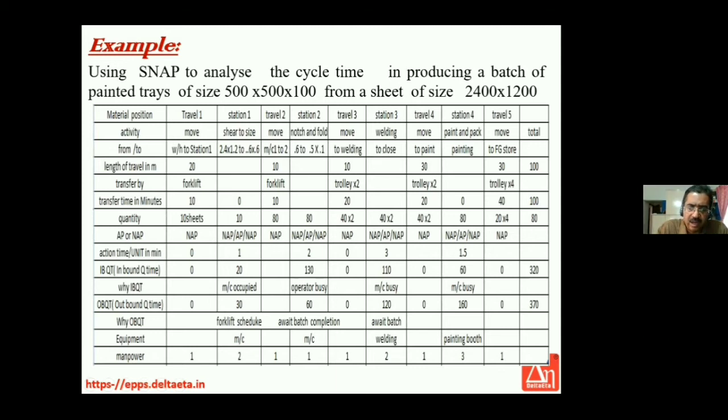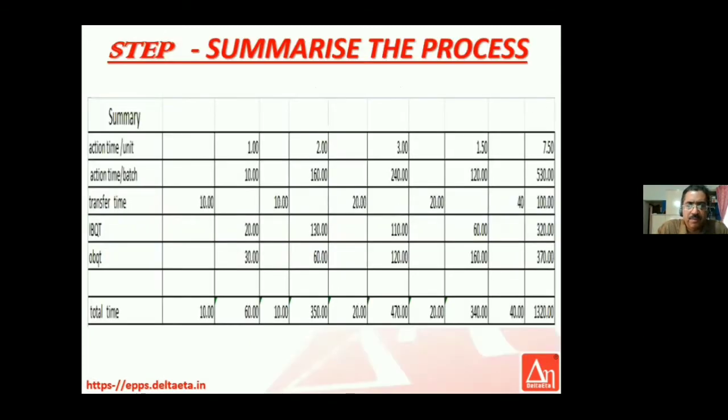Now let's analyze or summarize the process. The action time per unit is only 7.5 minutes. The action time per batch is 530 minutes. The transfer time in the batch is 100 minutes. The inbound queue time, the time waited by the material for any action, is 320 minutes.